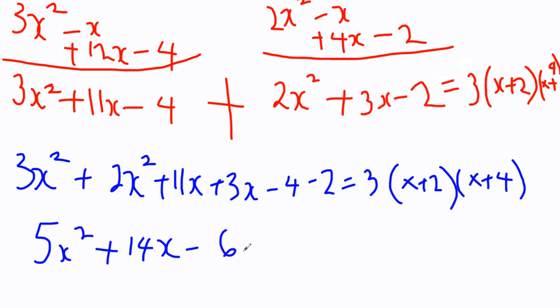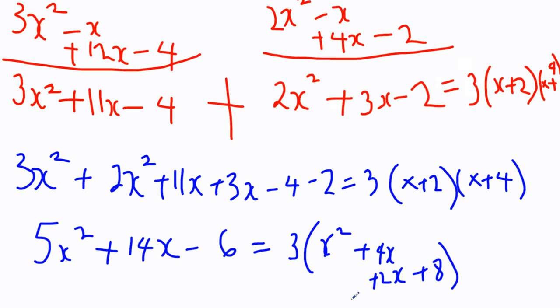Equals, now we're going to multiply this bit all through by 3. If you multiply this, you get x squared plus 4x plus 2x plus 8.